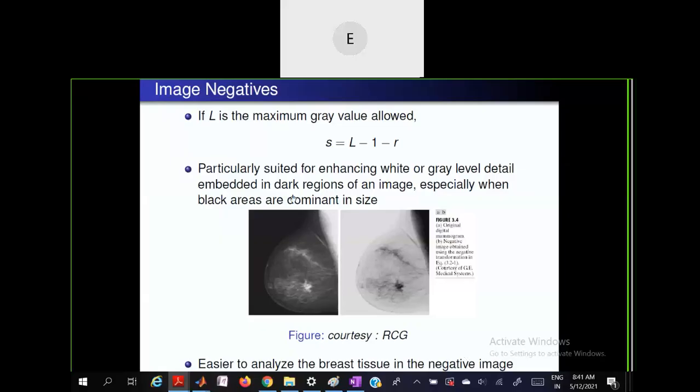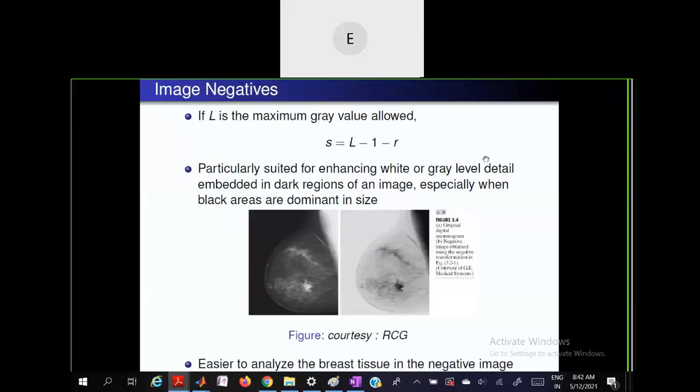Okay, what you should notice is in this image, this white gray level value is embedded in a dominant dark region. So this may get unnoticed. So suppose if I convert it into negative, you can now see that white looking black and the other regions are white. So therefore you can easily locate the tissue that you have here, the problem that you have here. That could be helpful for a doctor.